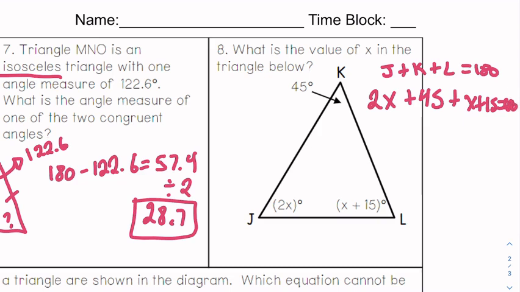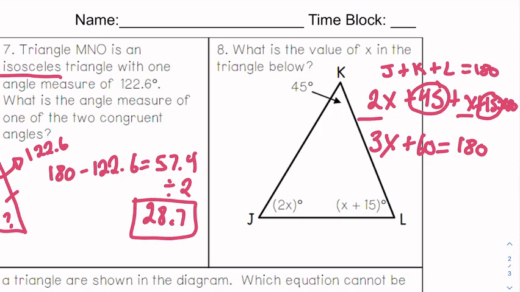All right, we're going to add together our like terms. So we know 2x plus 1x is 3x. We know 45 plus 15 is 60. And we know altogether that equals 180.